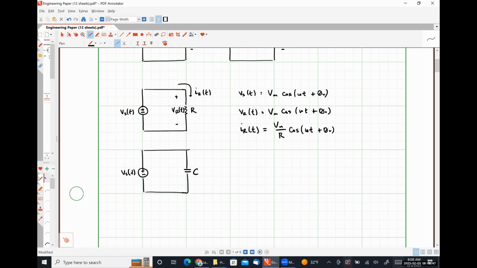So if I have some capacitor C, this is my voltage Vc of t, and this is my current Ic of t. If Vs is of the same form, just a sinusoidal voltage, obviously Vc will be the exact same thing because they are connected in parallel.